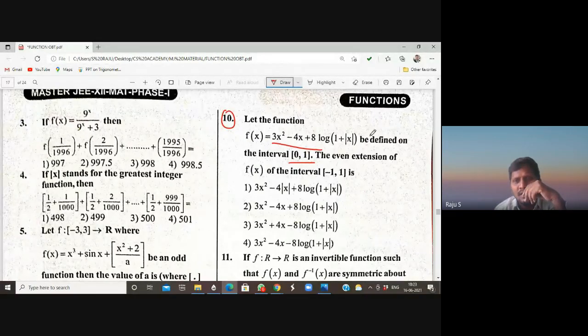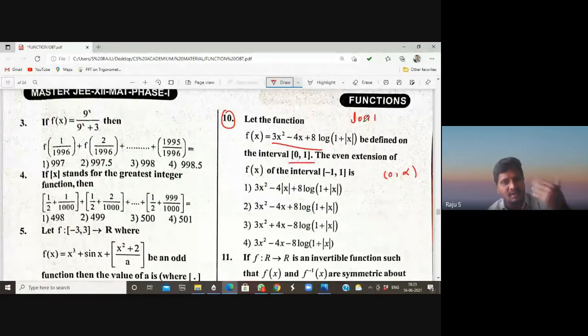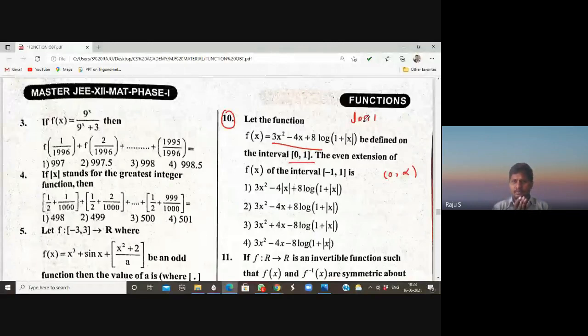Here, actually the domain of log is the open interval 0 to infinity, but 1 plus x is there. So when you substitute 0 here, we get log 1, so it is defined. Even 0 we can include. Generally, the domain of a logarithmic function is 0 to infinity, right?